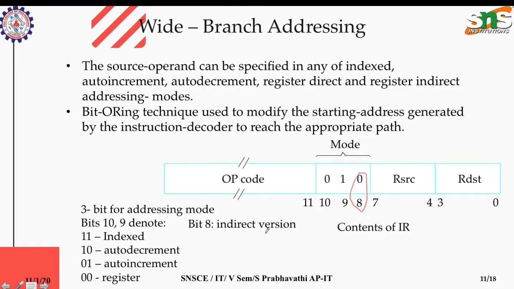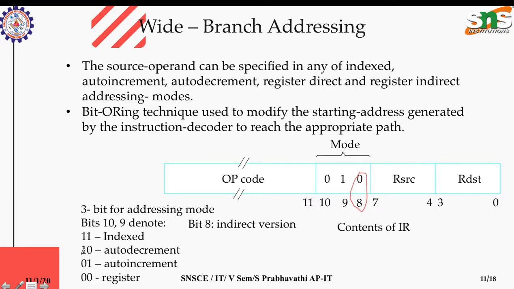Indirect version means we don't get the operand value directly from the register. Instead, that register contains the address, and that address needs to be fetched from the memory, which gives the data. That data has to be used as an operand for the current instruction. So bit number 8 indicates whether the address we are fetching is direct or indirect: 0 indicates the direct version and 1 indicates the indirect version.